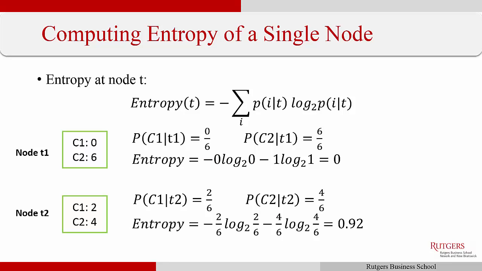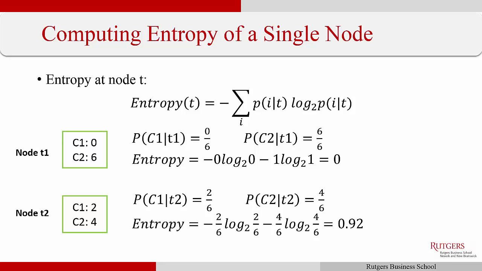Let's consider how we compute the entropy of a single node. For example, we have the node T1 and we have the node T2. For the node T1, we have 6 records. None of them belongs to class 1 and 6 of them belong to class 2. The degree of impurity should be 0, right? Let's see whether it is 0.